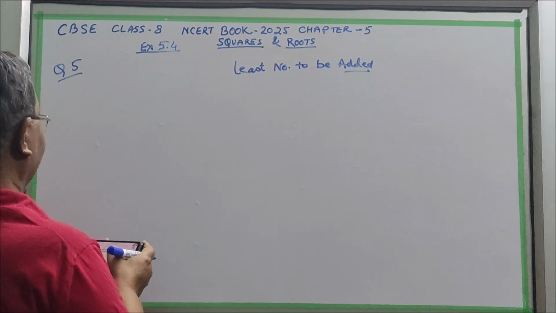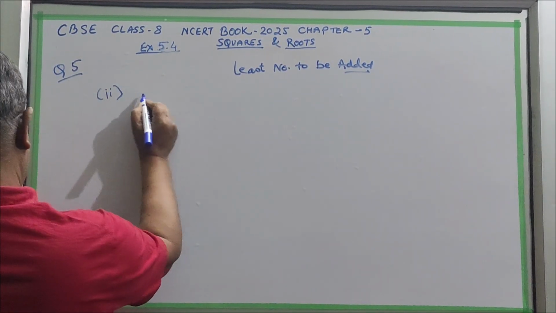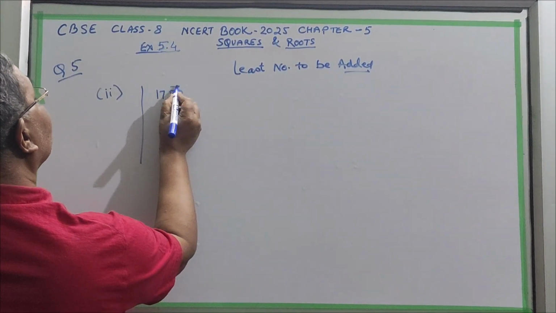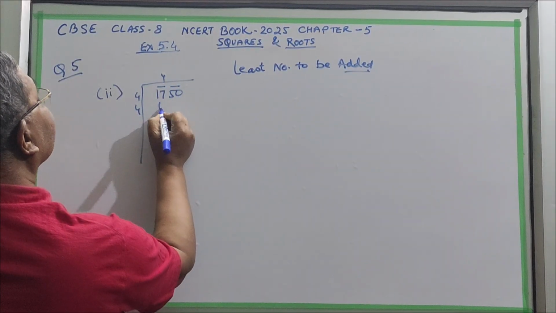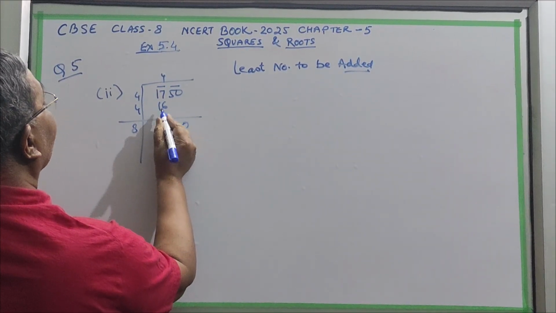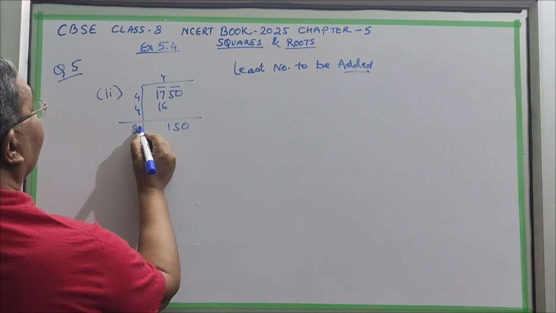So for the fifth, we are taking a question, second. Number is 1750. Working is the same, means 2 and 2 pairs we will make. 4 4s are 16, 8, 1, 5 and 0. It comes.